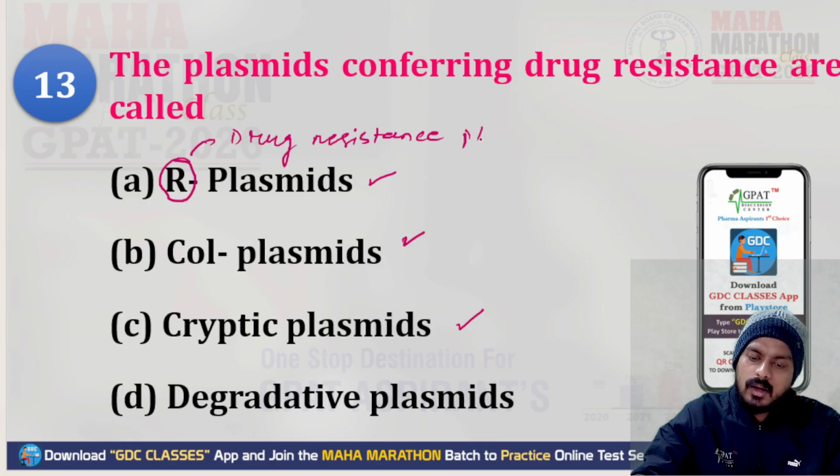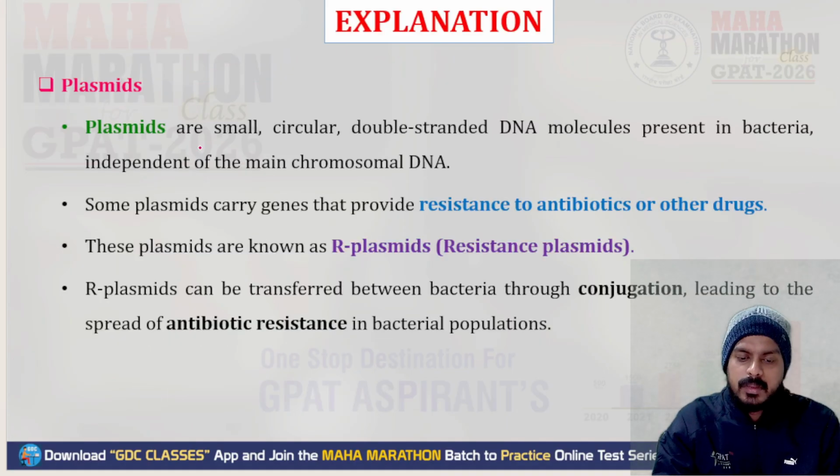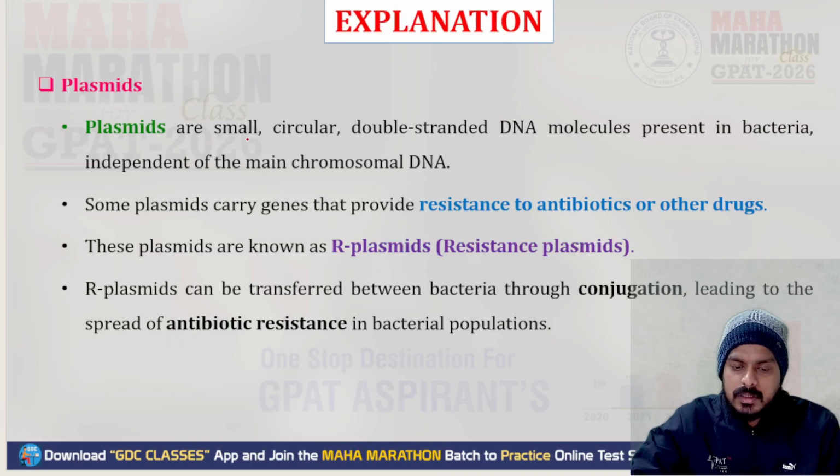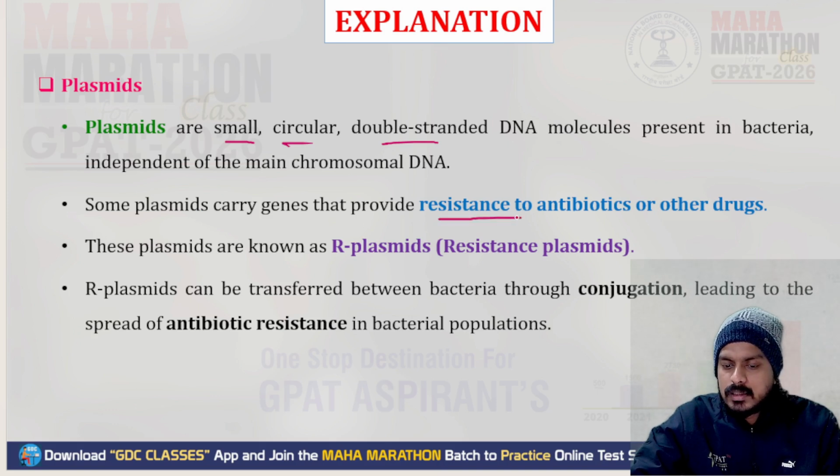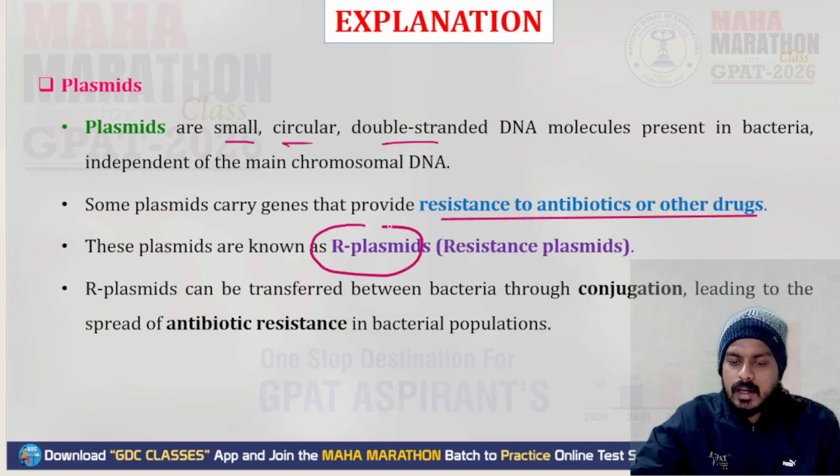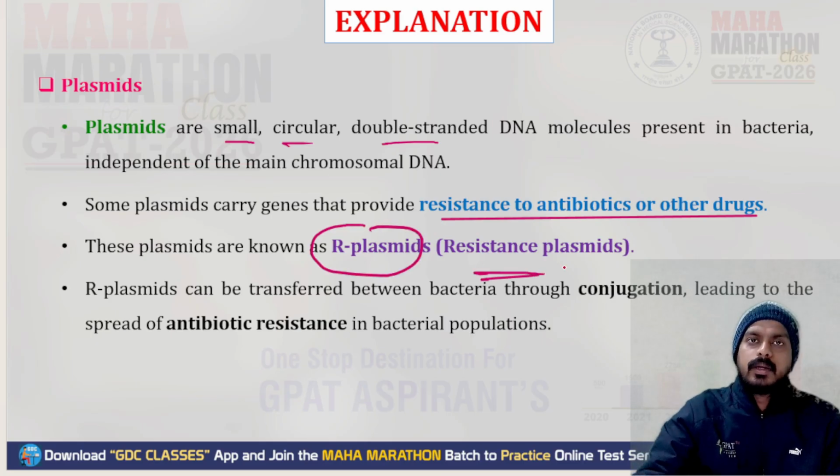Okay, so option A will be the correct answer. Let's see what this R plasmid means. Plasmids are basically small circular double-stranded DNA. Some plasmids provide genes that give resistance to different antibiotics and other drugs. This type of plasmid is called R plasmid or resistance plasmid.